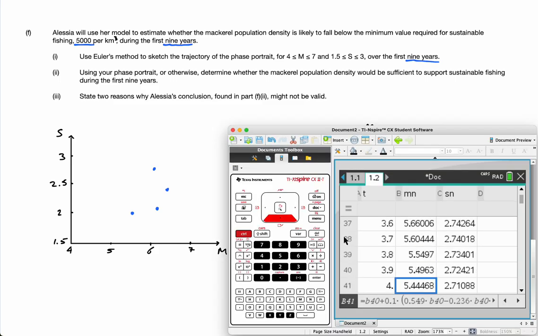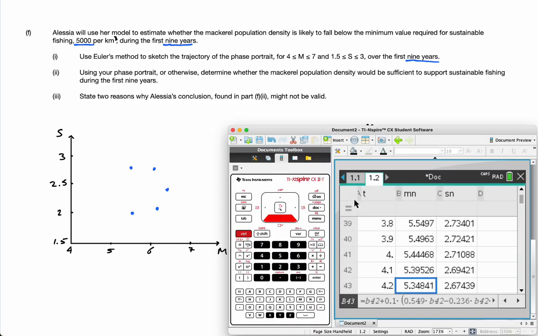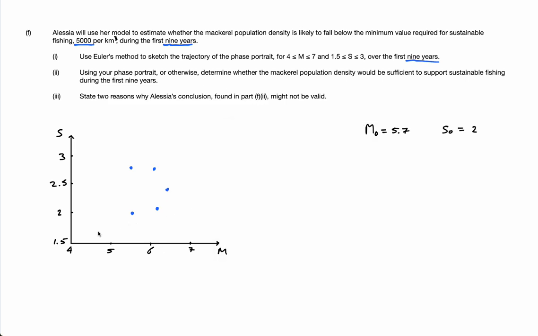Down to 4, 5.4, 2.7. 5.4, 2.7 is the same height, about that. Then down to 5, 5.1, 2.4, something like that.